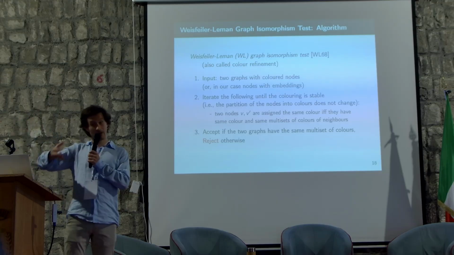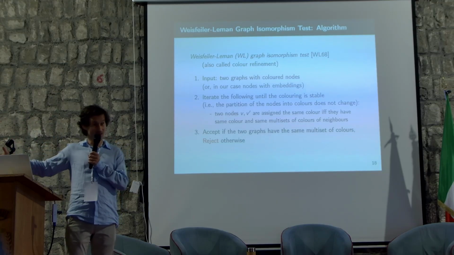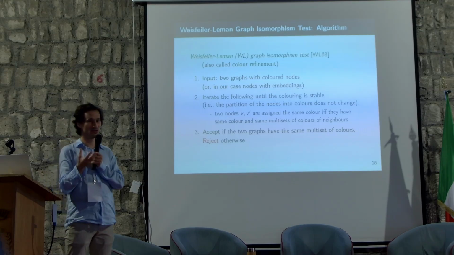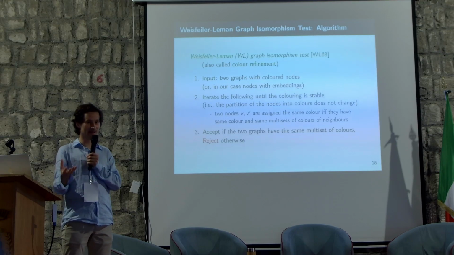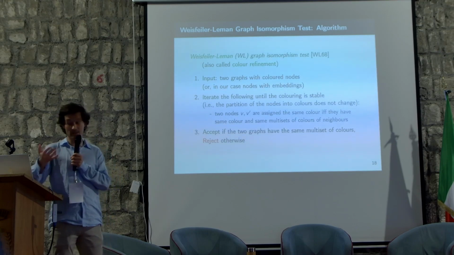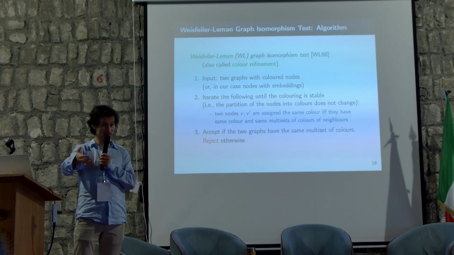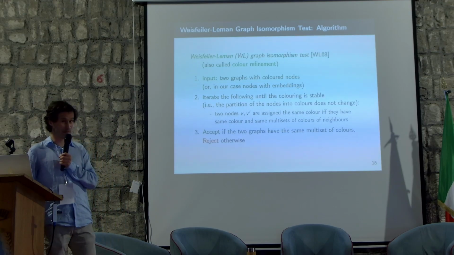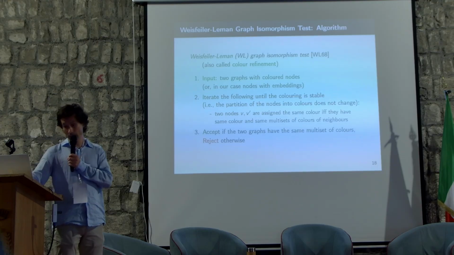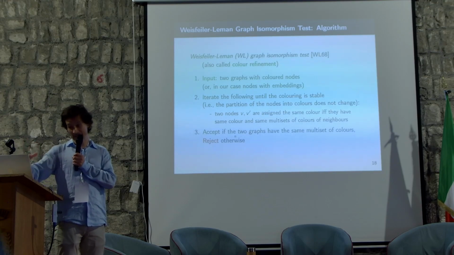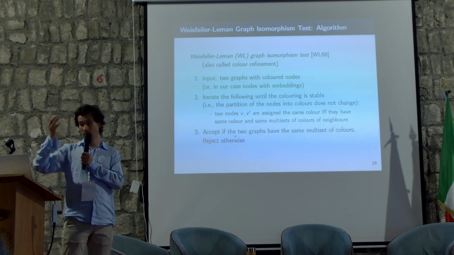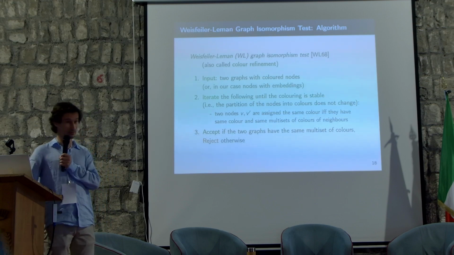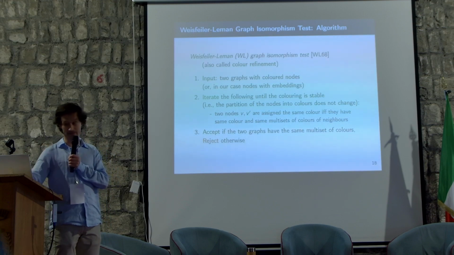And then we repeat this until the classes of nodes with the same color stay stable. Of course, this may go on for an unbounded number of steps. So for bigger graphs, it may take more steps than for smaller graphs, the same procedure. And we accept if at the end this stable coloring has the same multi-set of colors globally for all the nodes in the graph, and reject if we have different ones.